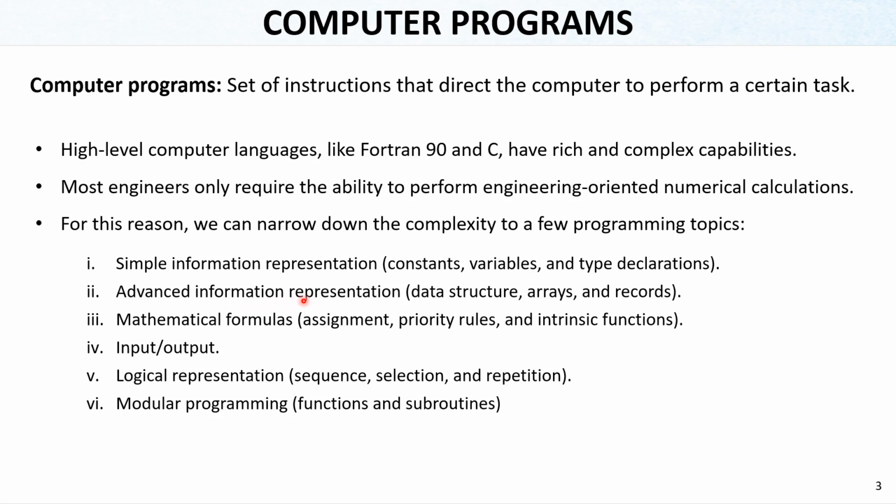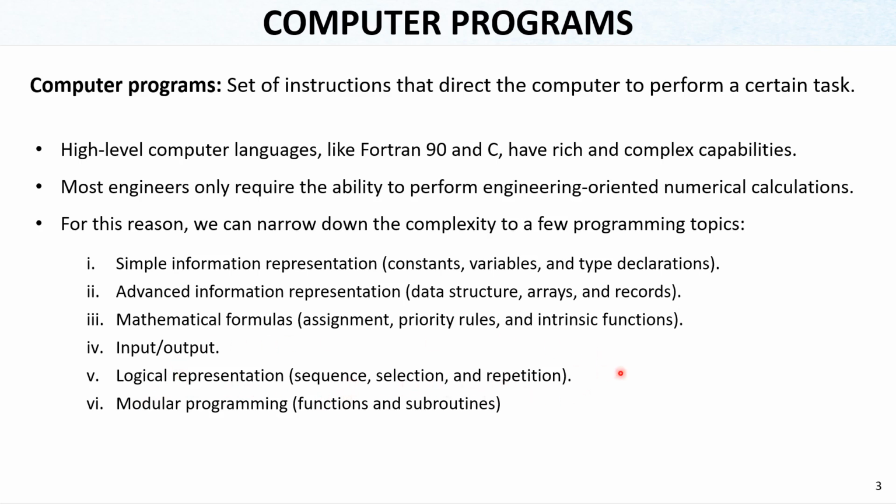Also, advanced information representation is the second one. Data structures, arrays, records, these can be defined such as matrices. Then mathematical formulas, assignment, priority rules, integrating functions. We can define these. Then input and outputs. The fifth one is logical representation such as sequence, selection, repetition.